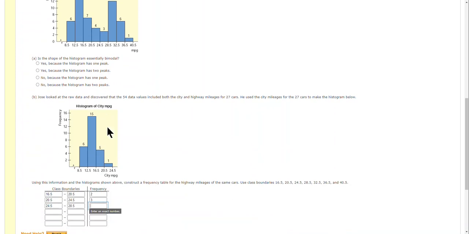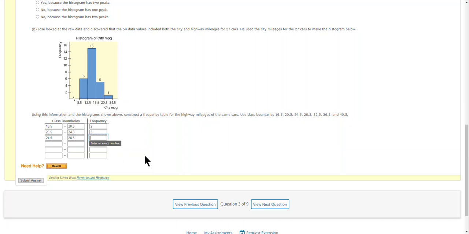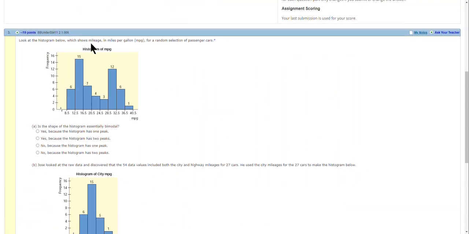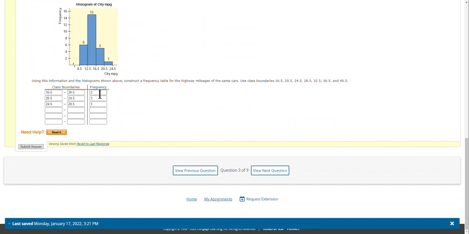But for the city, there are none. So I'm going to do 3 minus 0 to get 3 for the highway. And I'm going to continue doing that for the rest of the histogram. So I take all the cars for both city and highway, minus away city, and that's going to give me highway.